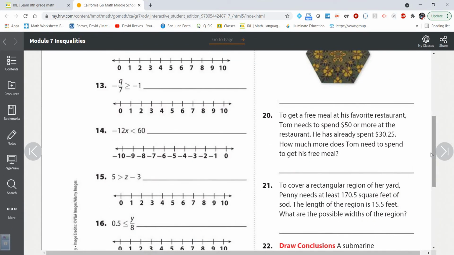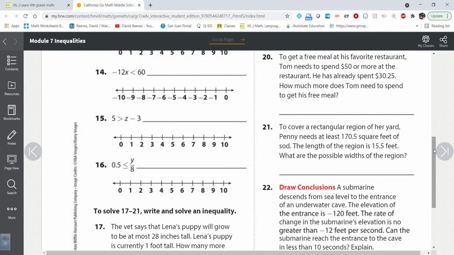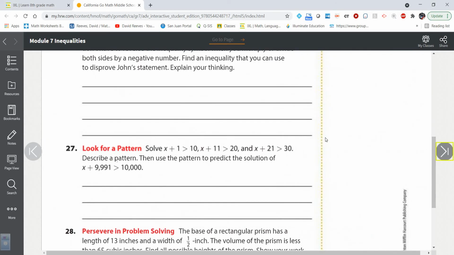All right, a couple more problems, then we're going to be done with this video. To cover a rectangular region of her yard, Penny needs at least 170 square feet of sod. The length of the region is 15.5 feet.